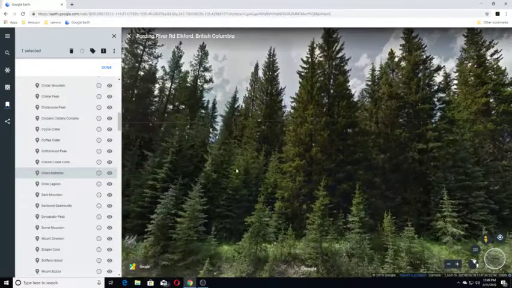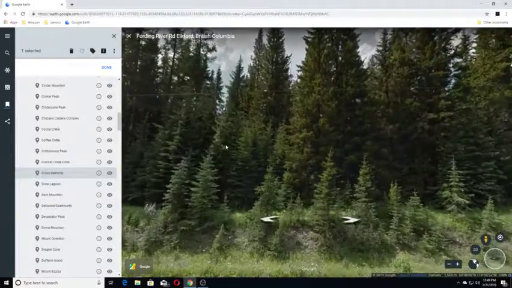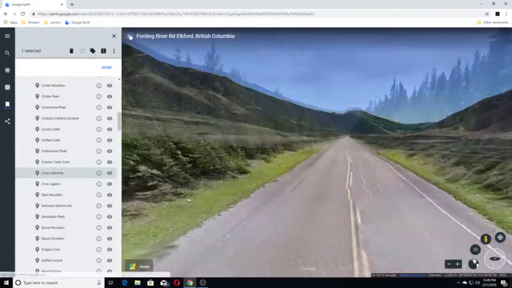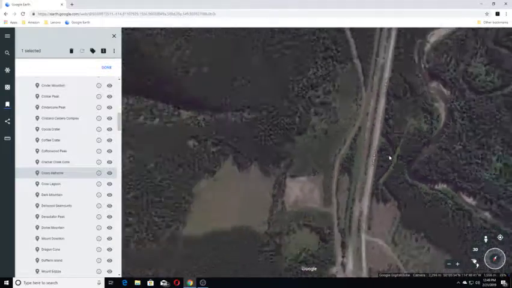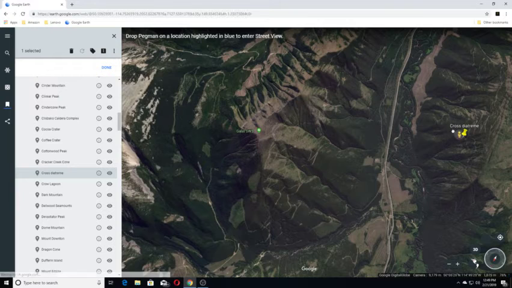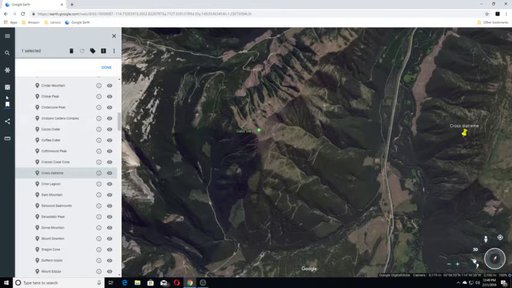And we have trees. Oh no. Okay, I don't think we'll be able to see it here. There's no views over here. Okay, so we're moving on to our next one, which is Crow Lagoon.